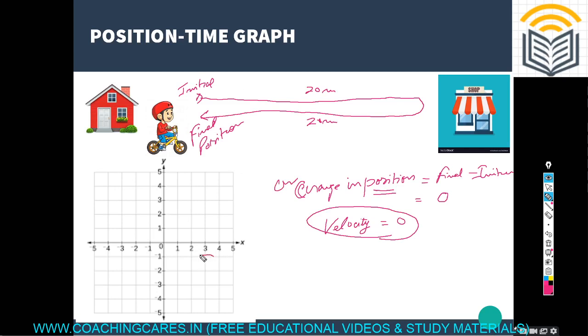If you take time on the x-axis and position on the y-axis, then the graph line will come something like that. The slope of this graph line will be the velocity of the boy. Further we'll study how to calculate the slope and the velocity from the position time graph.